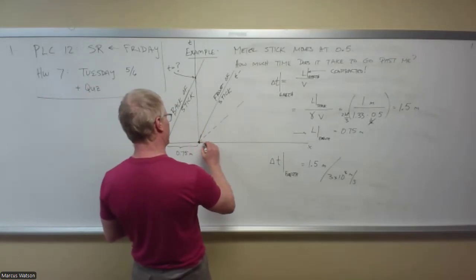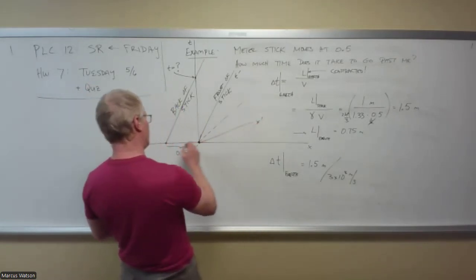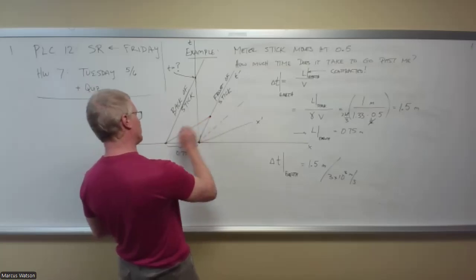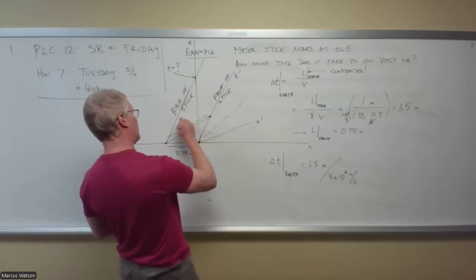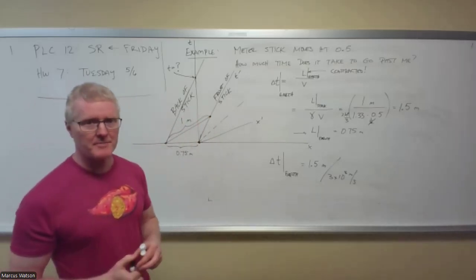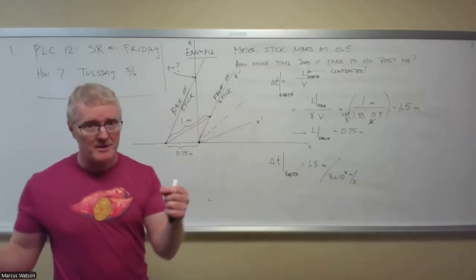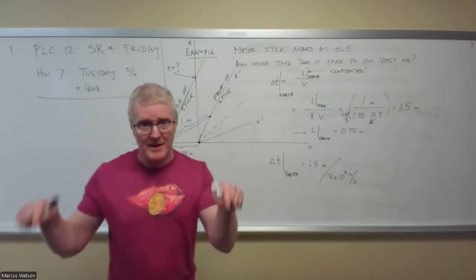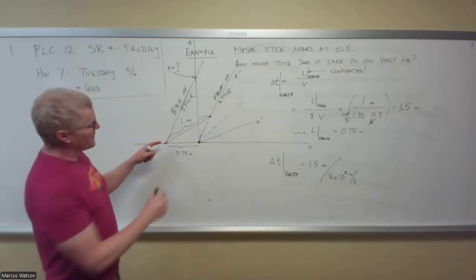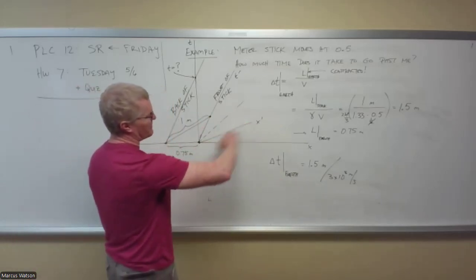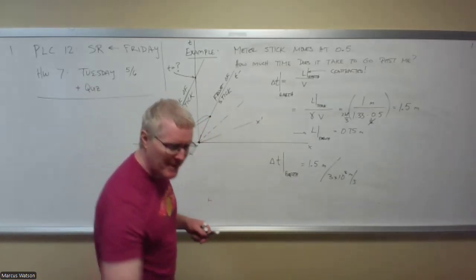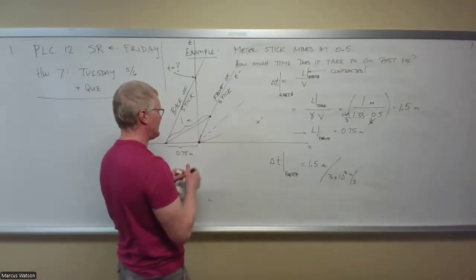If I'm going to say the x prime axis is something like that, then it's going to be something like this. If I made a simultaneous measurement that would be 1 meter as seen by the meter stick, because in the meter stick's frame, the meter stick's not moving and I can make simultaneous measurements of its two ends, okay? So with a simultaneous measurement, it's got to be parallel with the X prime frame, and it doesn't look like I quite managed that, so let me try and draw that again.